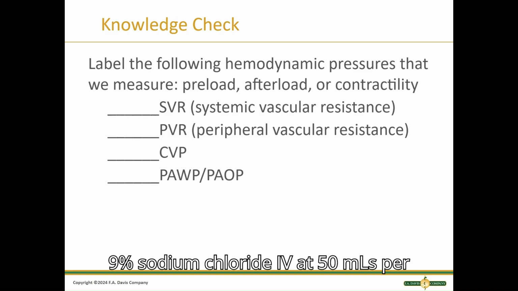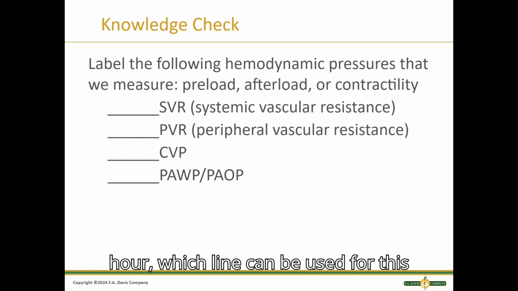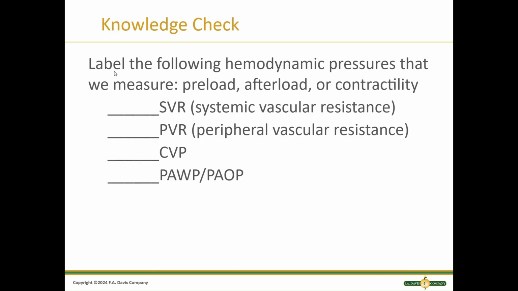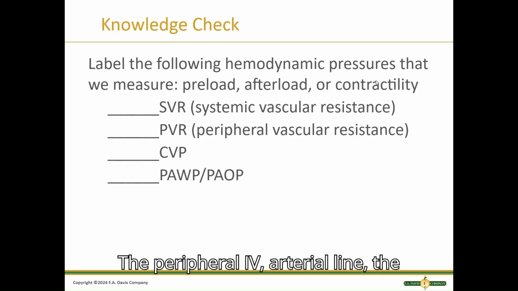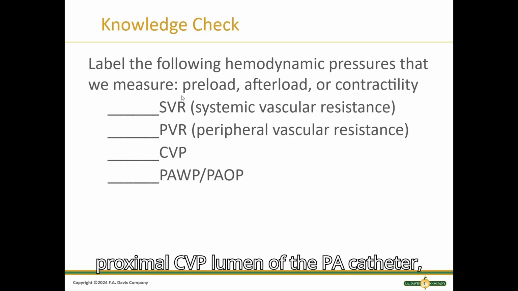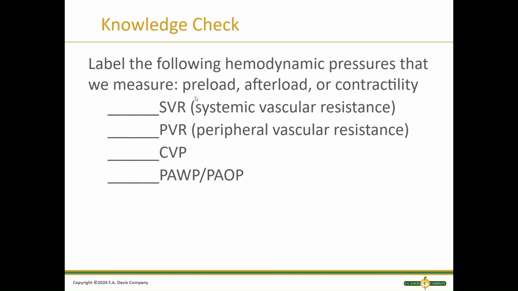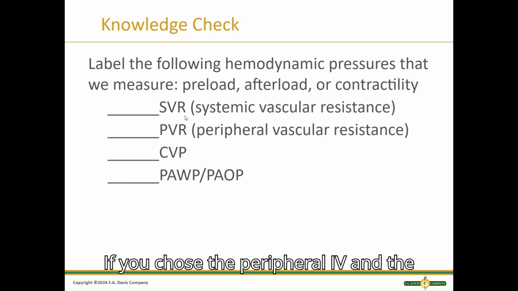From here out, there are just a couple of questions for a knowledge check. When we're looking at our hemodynamic pressures and we're measuring, remember we talked about our Swan-Ganz catheter. We're going to be looking at preload, afterload, and contractility. When we're looking at systemic vascular resistance, is this preload, afterload, or contractility?